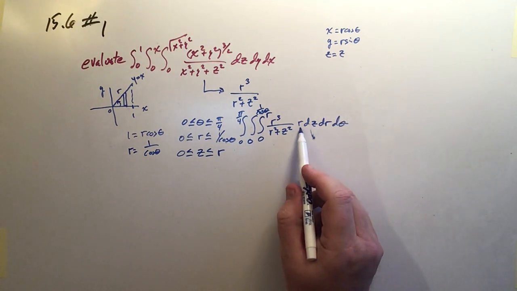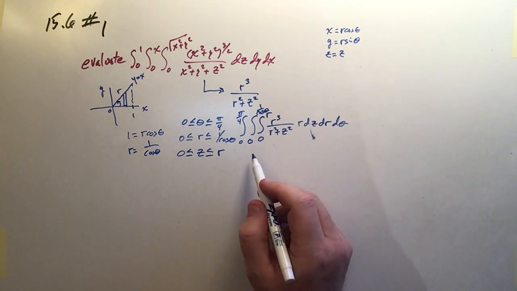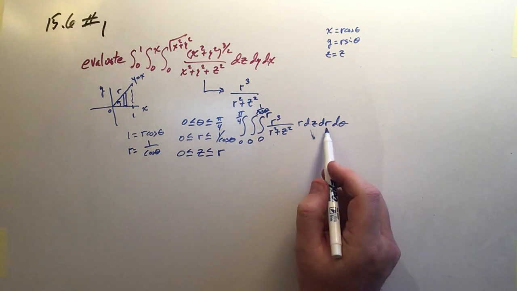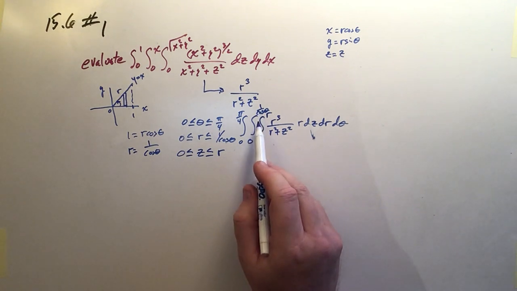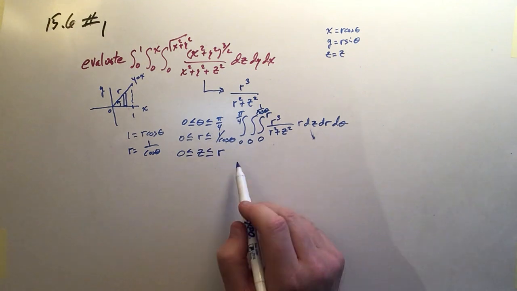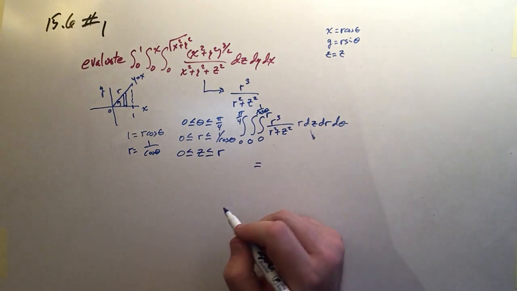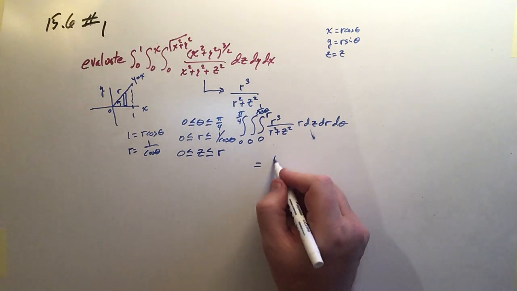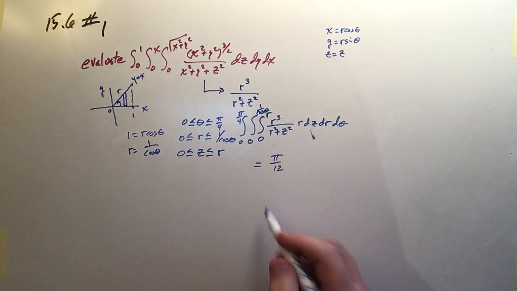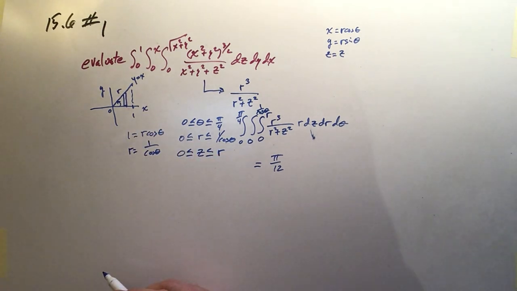Okay, so I'll integrate this first by dz, and then substitute the r in. Next, I'll integrate it by dr and substitute 1 over cosine theta, and finally integrate by theta and use the limits of pi over 4 and 0. When I do all that, I'm going to get pi over 12, which actually turns out to be the value of this integral when properly set up and integrated.